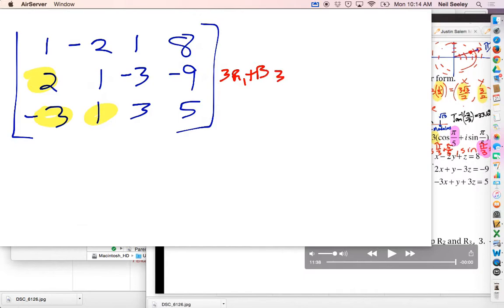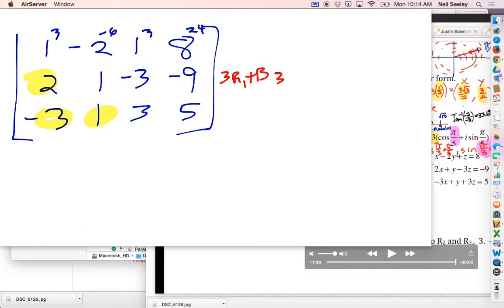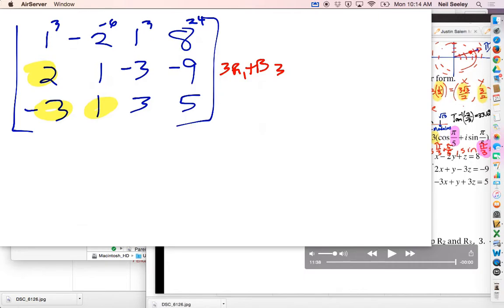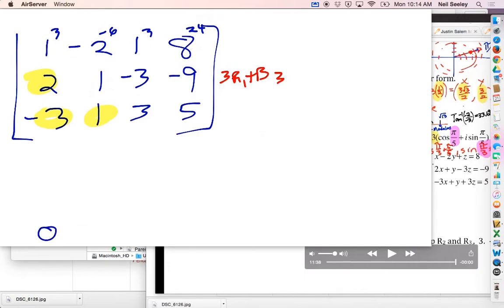So I'm going to put that result down below. And I get, well, first I'll put it through here. This is 3. This will be -6, this will be 3, and this will be 24. Okay, those are what I'm going to add. So I'm going to get 0. -6 and 1, -5. 3, 3, 6. 24 and 5 are 29.